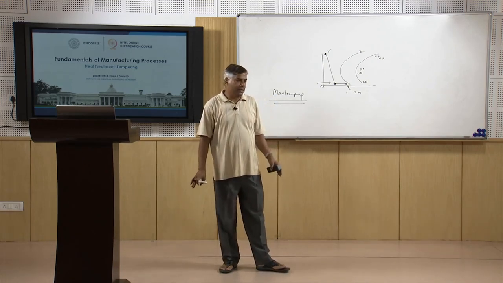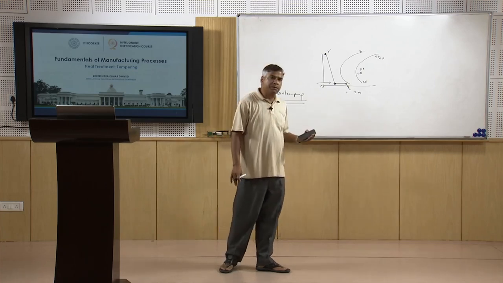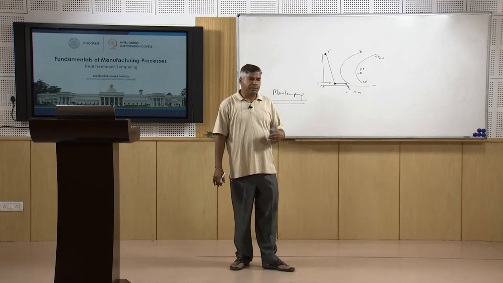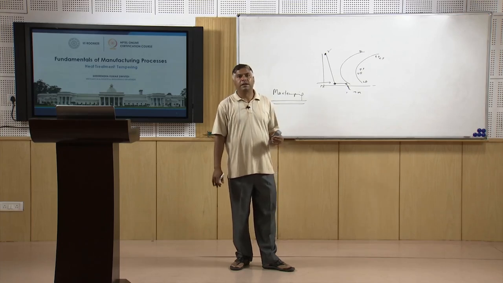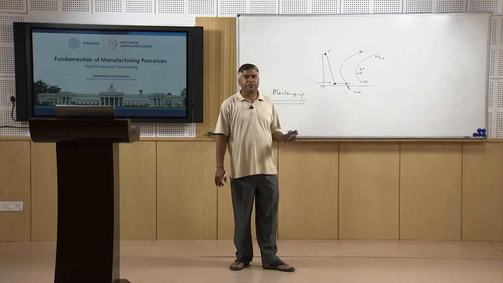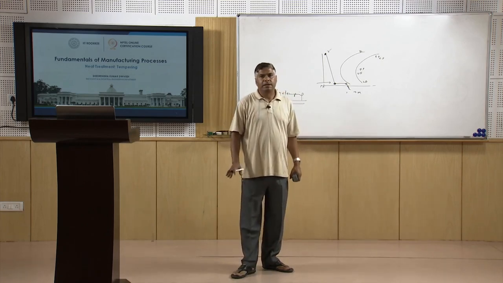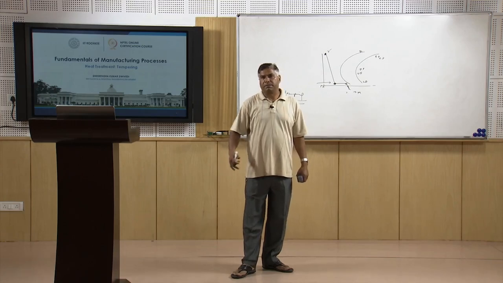In this presentation I have talked about the three types of tempering processes. One is the tempering which is carried out after the hardening, which is basically to reduce the residual stresses and improve the toughness without causing much loss of the hardness. Then the other two heat treatments are Ost tempering and Marr tempering.